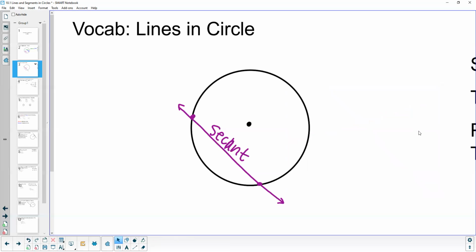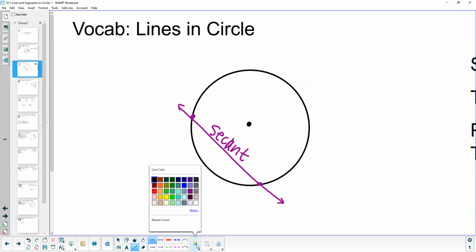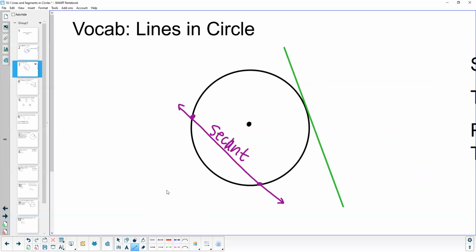Now, in addition to the secant line, we also have a line that we care about called the tangent line. A tangent line is a line that only touches the circle once. Let me get a straight line here so that we can see this. We'll make it green. Do you see how this line only touches it once?